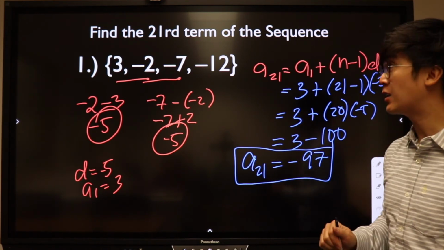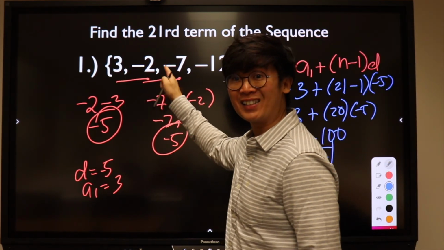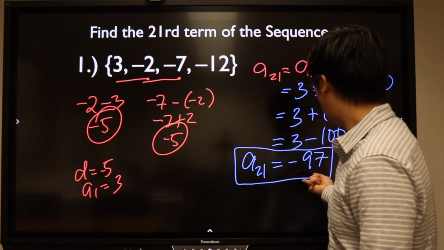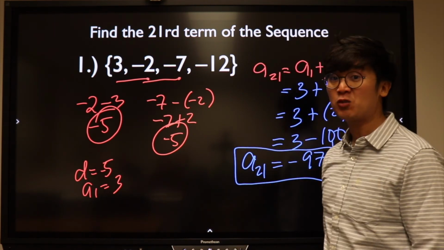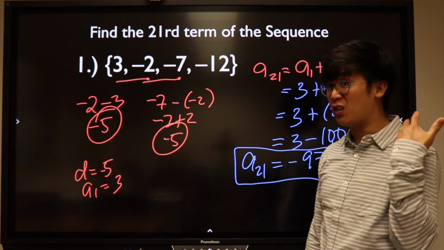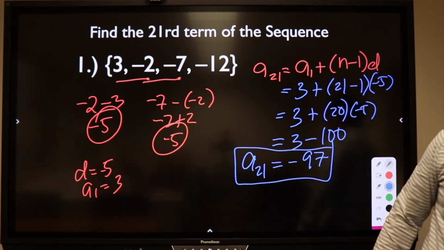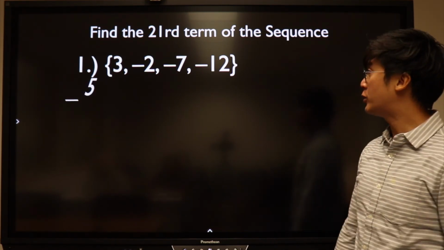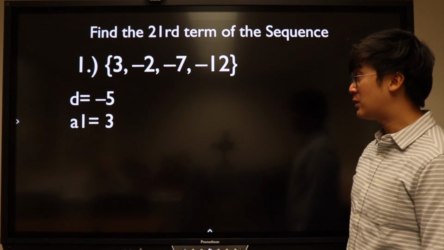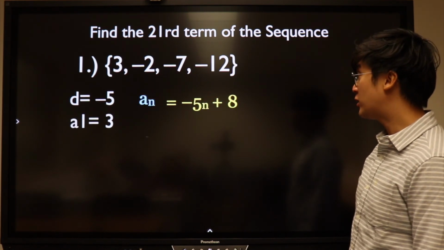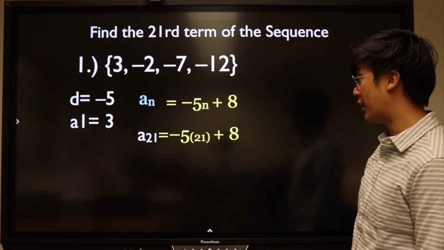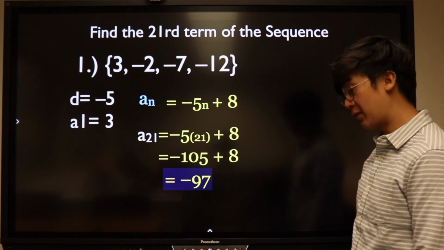And you know that your answer is right because you know that the sequence is decreasing. So, if it's decreasing, A21 is going to be a negative that is further down the negative line. So this is how we use your common difference, your first term, your formula to find your A sub 21, which is negative 97.